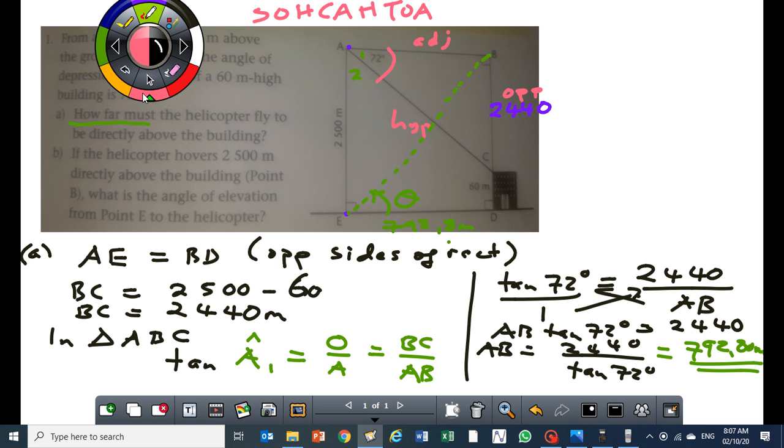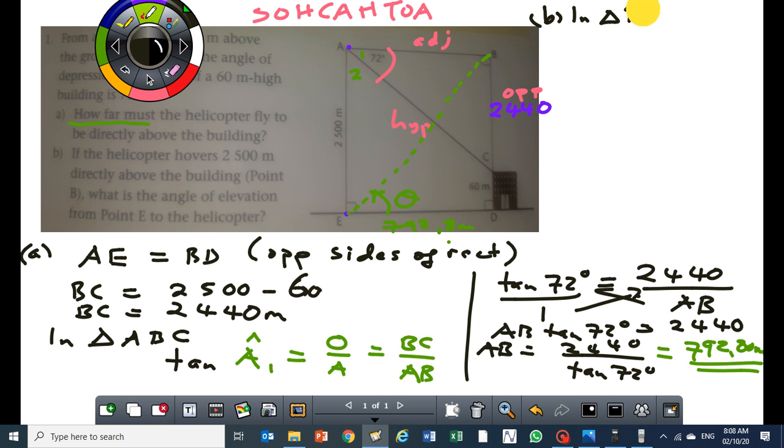In triangle BDE, tan theta is equal to the opposite side, which is BD, over DE. Then I'll say tan theta is equal to, what is my BD?